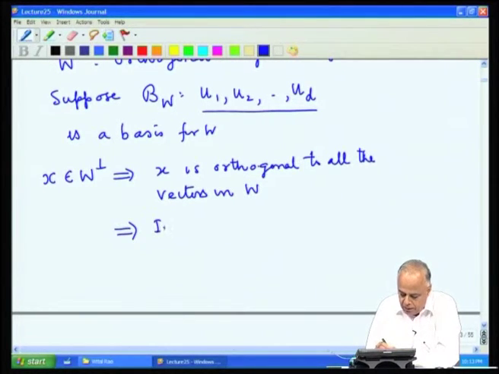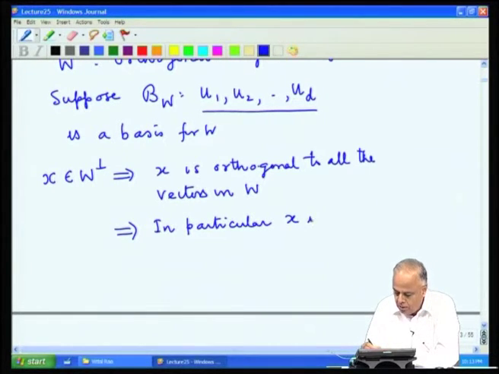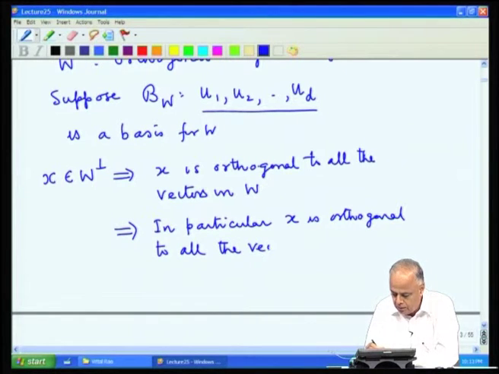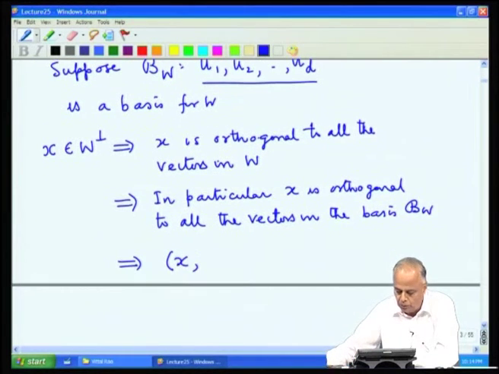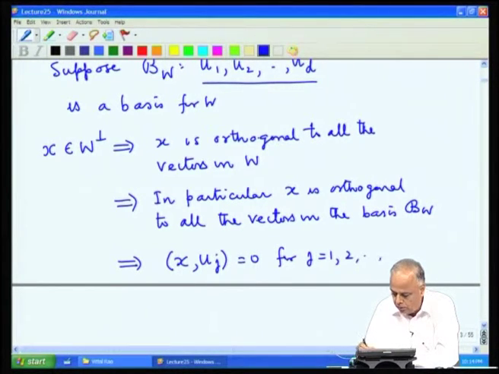So, in particular, x is orthogonal to all the vectors in the basis B_W. What is meant by orthogonality? The inner product (x, u j) must be equal to 0 for j equal to 1 to d.